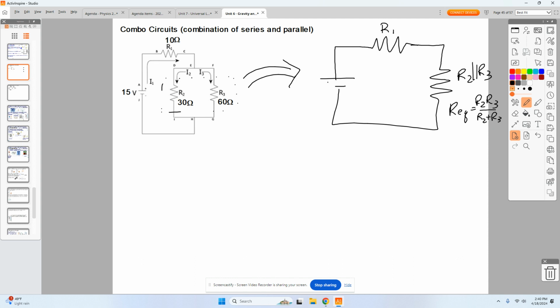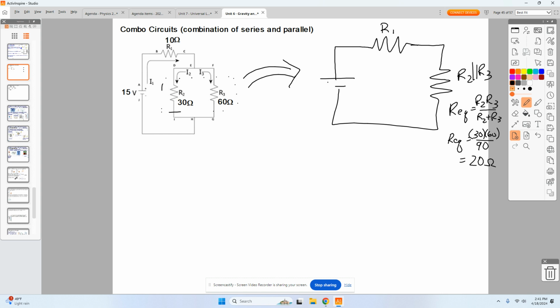It makes it quicker to do than having to go through and do 1 over R1 plus 1 over R2 and so forth. So Req would be equal to 30 multiplied by 60 divided by 90, and that will give me that Req more quickly. It'll be 20 ohms. Now that's a little shortcut for you to be able to do 2 resistors in parallel. Product over sums.